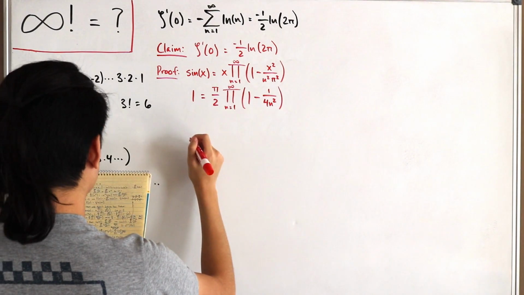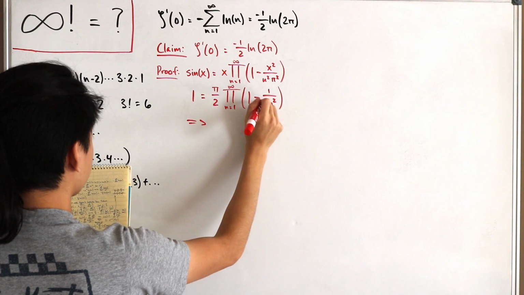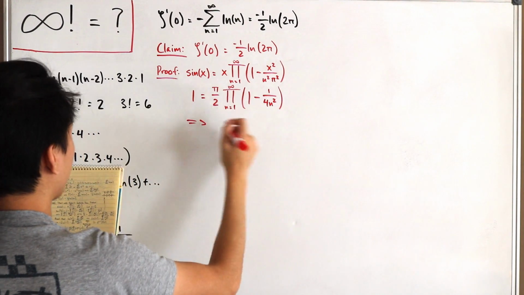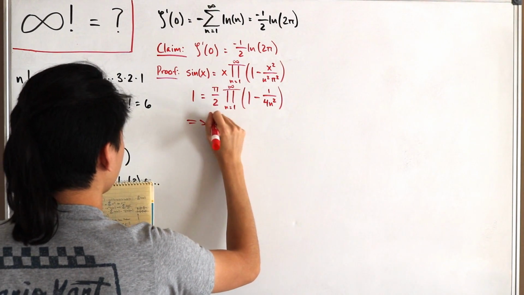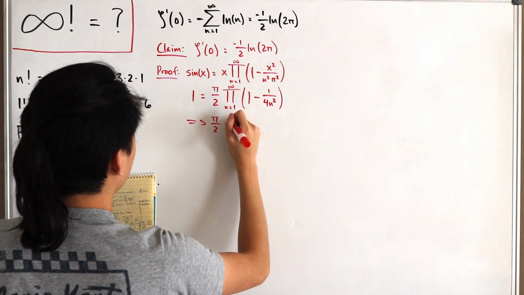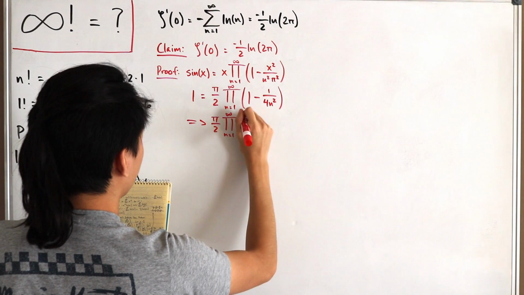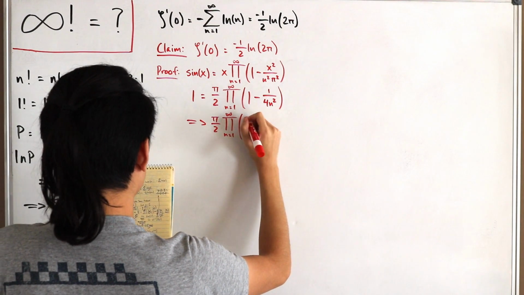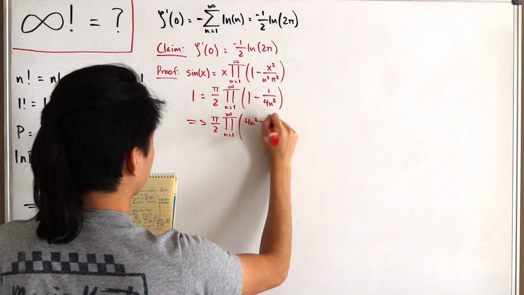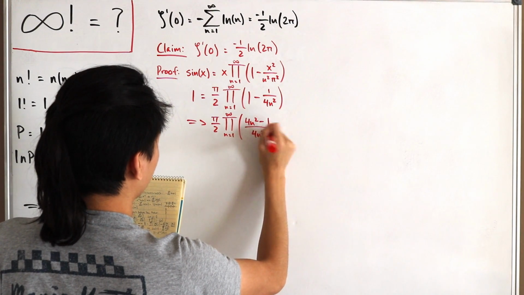Now if you do a little simplification on the inside expression, you can get a common denominator, so we have pi over 2 times the infinite product, n equals 1, of 4n squared minus 1, divided by 4n squared.